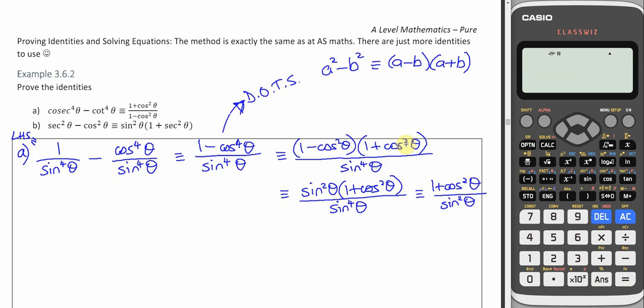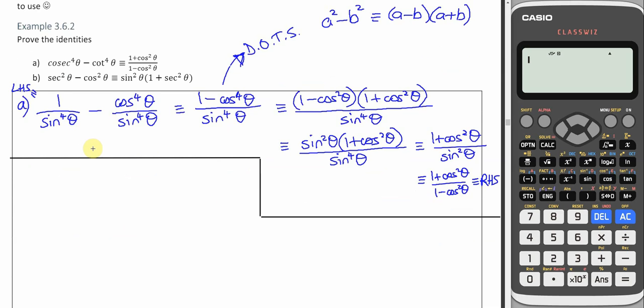And now I'm just one step away from the right hand side. If I look at the new denominator, of the right hand side, it's 1 take away cos squared theta, which is the same as sine squared theta. So denominator 1 minus cos squared theta, which is the right hand side, and that's part A done.